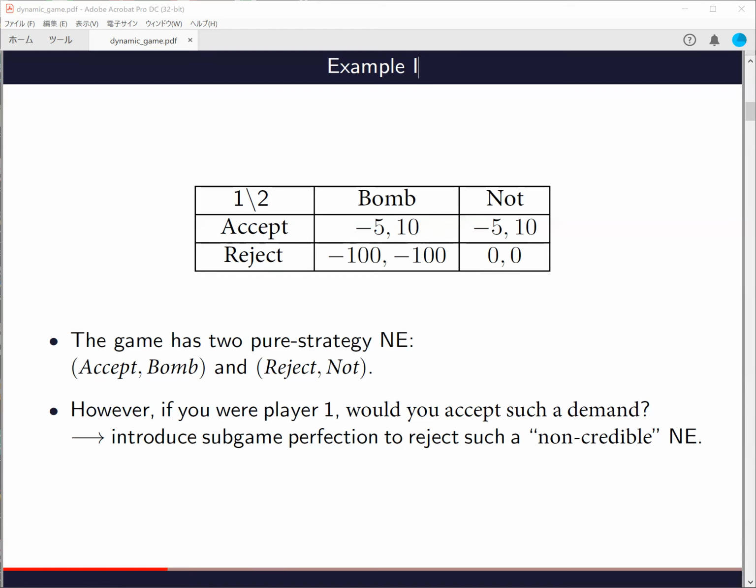The latter equilibrium sounds unintuitive. Player 1 knows that player 2 will not blow up the bank if he rejects the demand. In other words, player 1 knows that player 2's threat is not credible. We introduce subgame perfection to remove such an unintuitive Nash equilibrium.